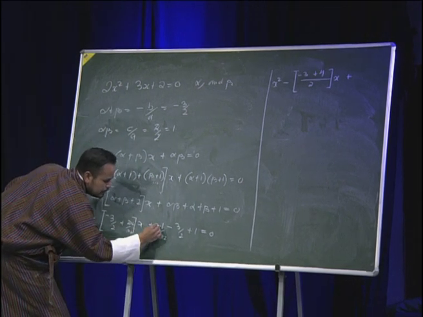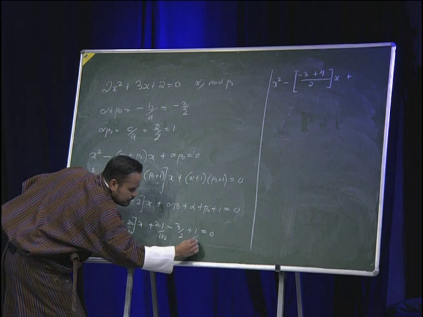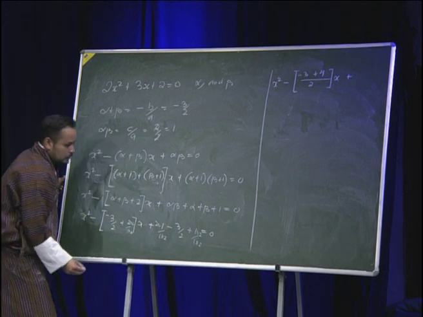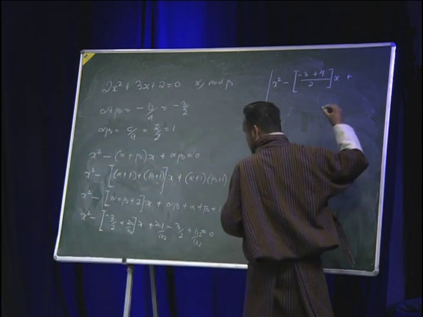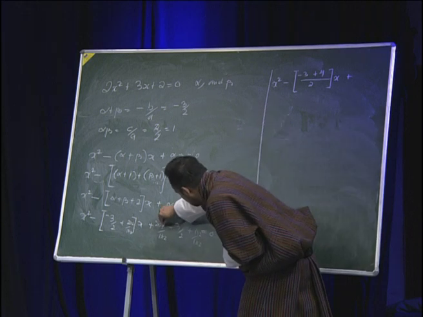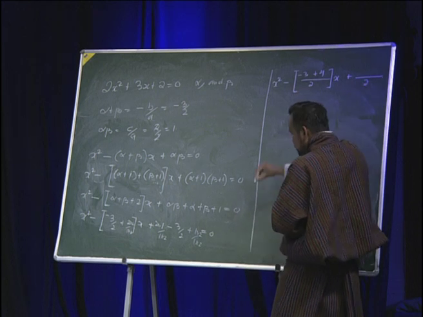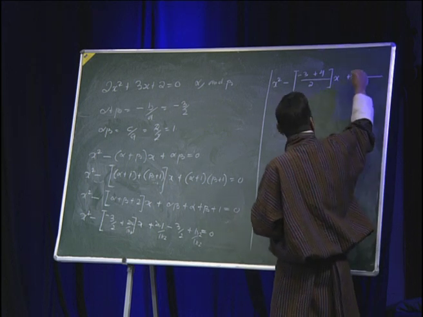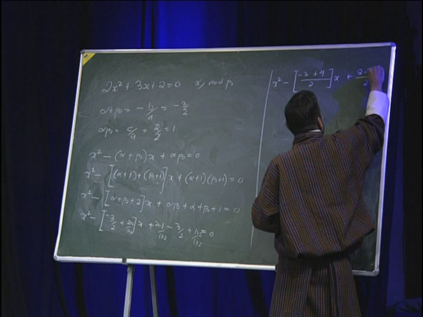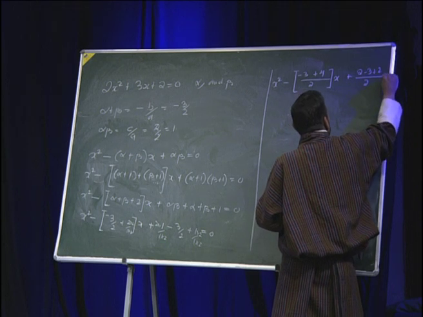So 2 times 1 is 2, 2 times 1 is 2. Here the denominator is 2. I made the denominator the same. So 2 minus 3 plus 2, whole is equal to 0.